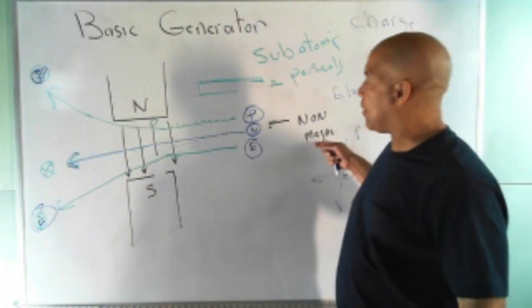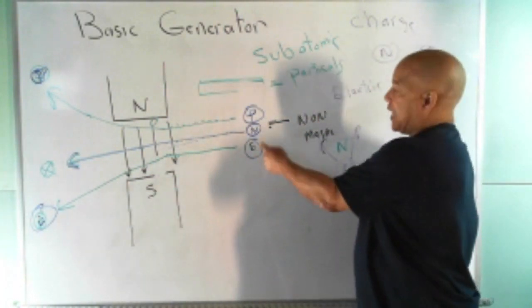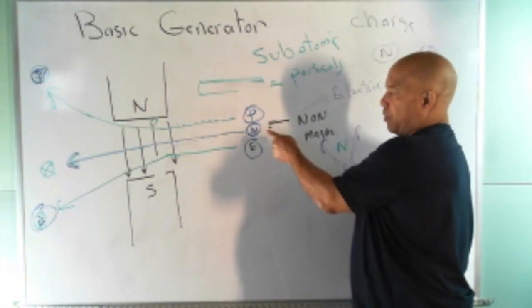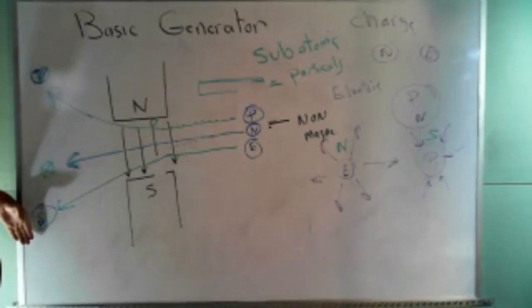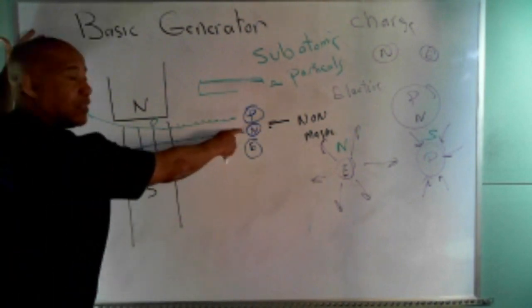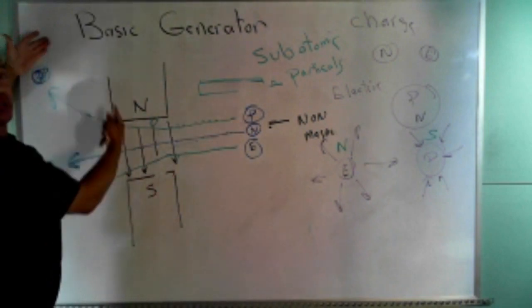If I know what I have going in, if I know the magnetic polarity of the electron, and I know the magnetic polarity of the proton, and I know the magnetic polarity of the neutron, which is 0, then over here, if I have a sensor here, and a sensor here, and a sensor here, I know that what hits the sensor here will be proton. If I know the magnetic polarity is the south pole, it's going to be towards the north pole.